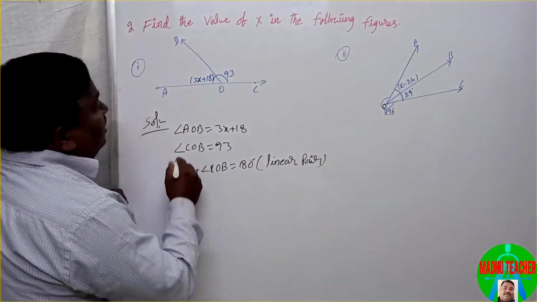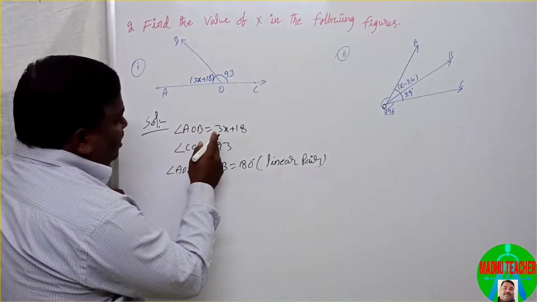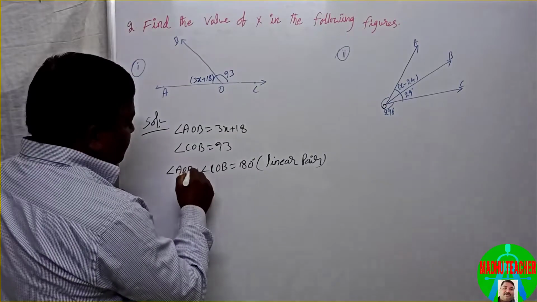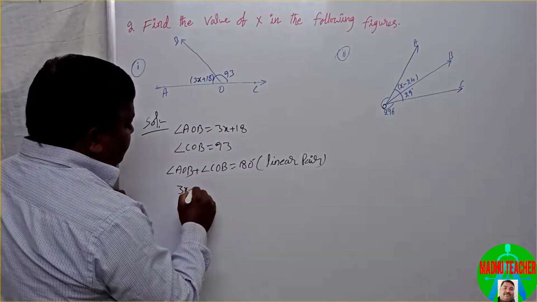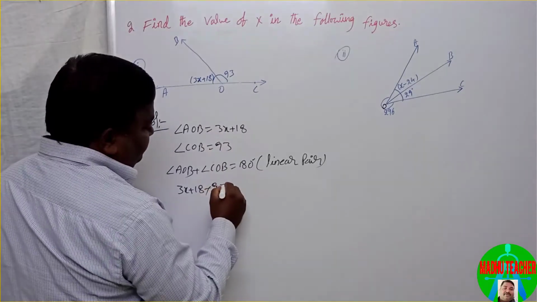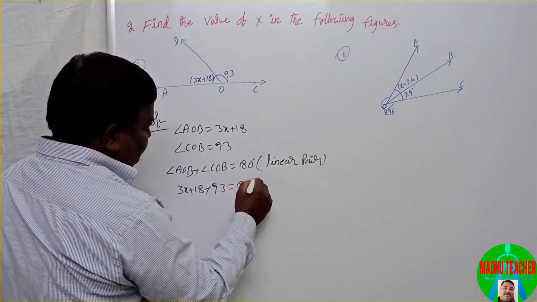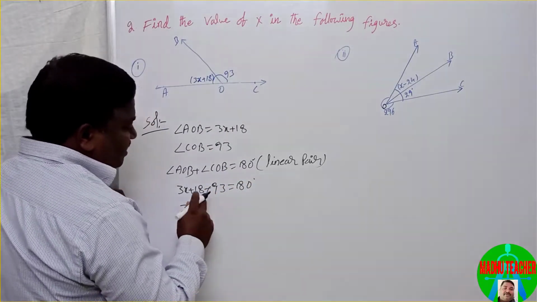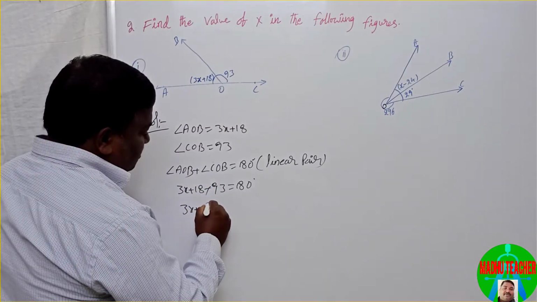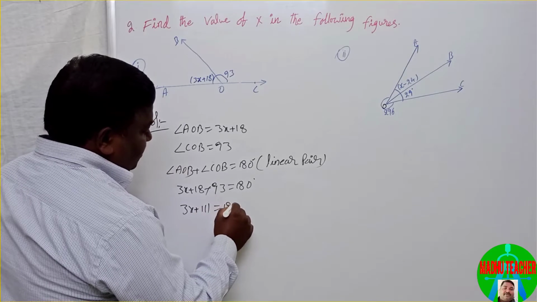Angle AOB is 3x plus 18, plus angle COB is 93, equal to 180. So 3x plus 93 plus 18, that is 111, equal to 180.